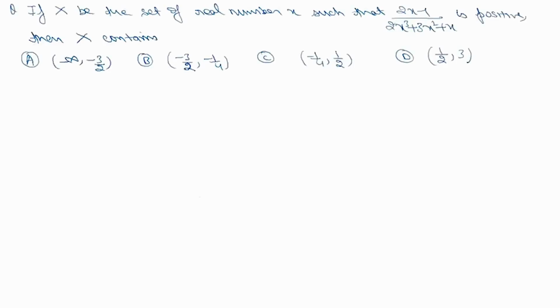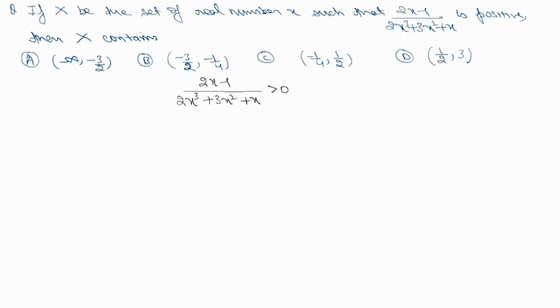Now it's a multiple option correct question, so more than one option may be correct. Basically it's a rational inequality, and the inequality is 2x minus 1 upon 2x cube plus 3x square plus x, and it should be greater than 0. So I need to solve this inequality.